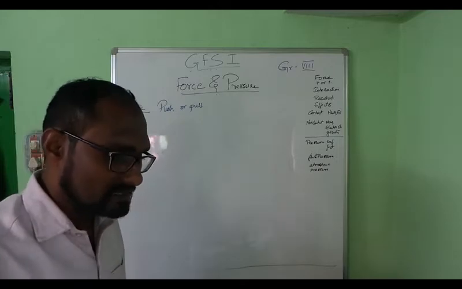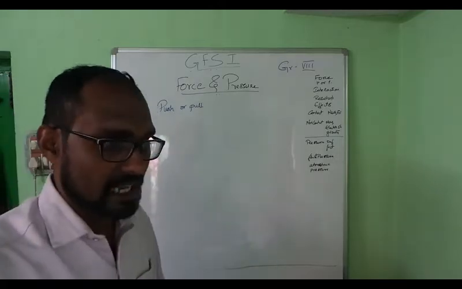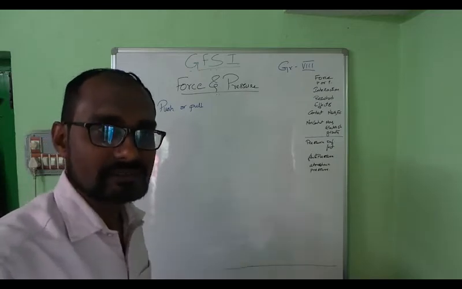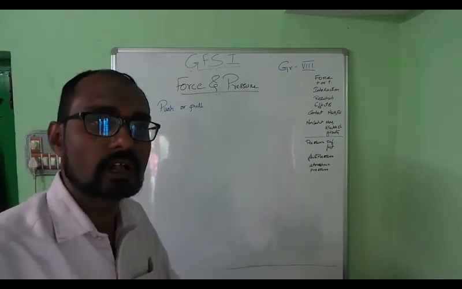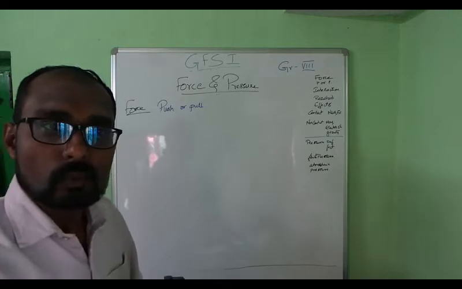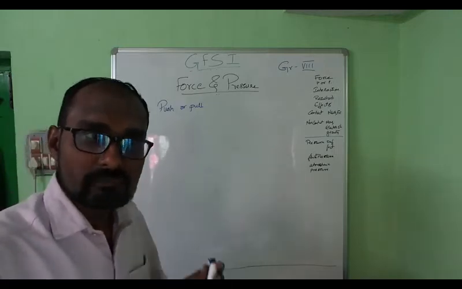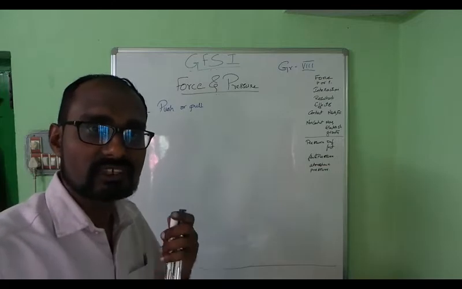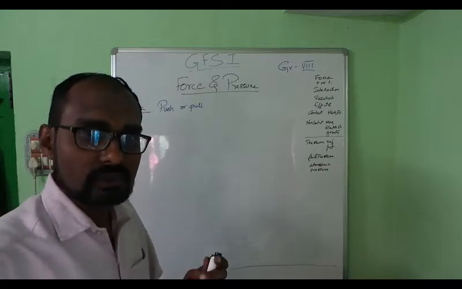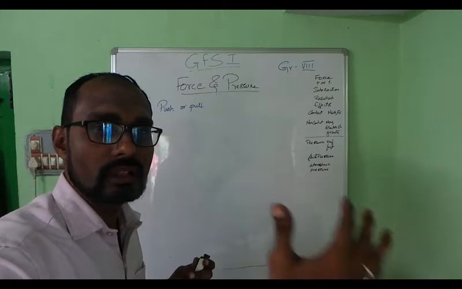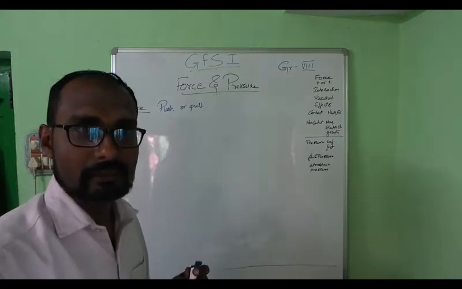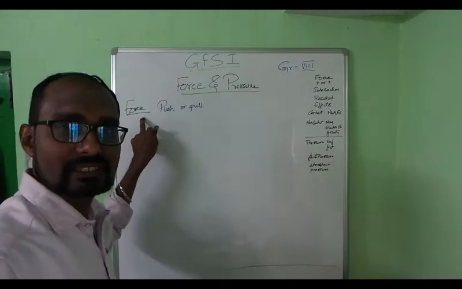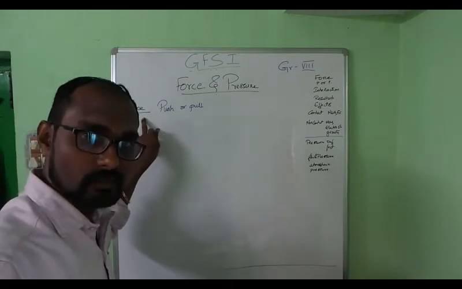For example, say we are playing cricket, and someone bowls at me and I try to hit the ball with my bat. Then what am I actually doing? I'm changing the direction of the ball, I'm changing the speed of the ball. In simple terms, I'm pushing the ball away from me. When I say I'm pushing the ball away from me, with no second thoughts, it is a force that is acting on the ball.